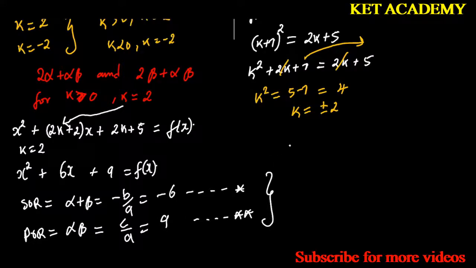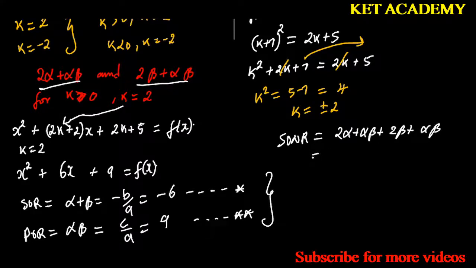We're going to find the sum of new roots. Our new roots are 2 alpha plus alpha beta and 2 beta plus alpha beta. When we sum these two, we have 2 alpha plus alpha beta plus 2 beta plus alpha beta. Doing that, we have 2 into alpha plus beta plus 2 alpha beta.